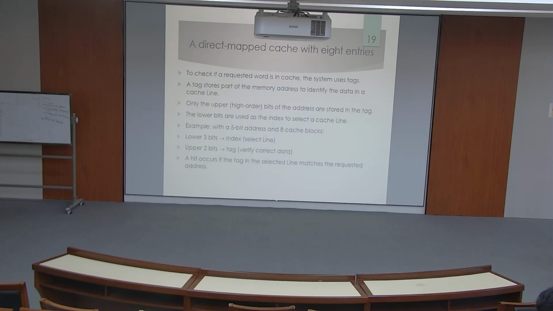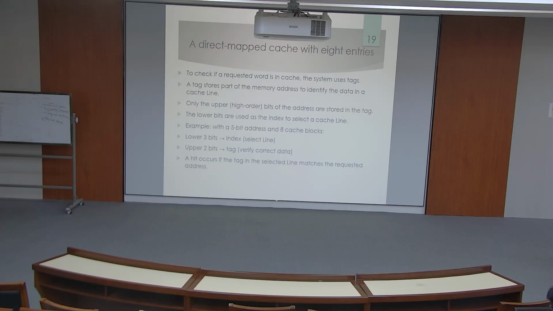Now, to check if a requested word is in the cache, the system needs to use the tag. The tag for the cache line is there for addressing purposes. A tag needs to store a part of the memory address, to indicate whether the data is in the cache line or not.